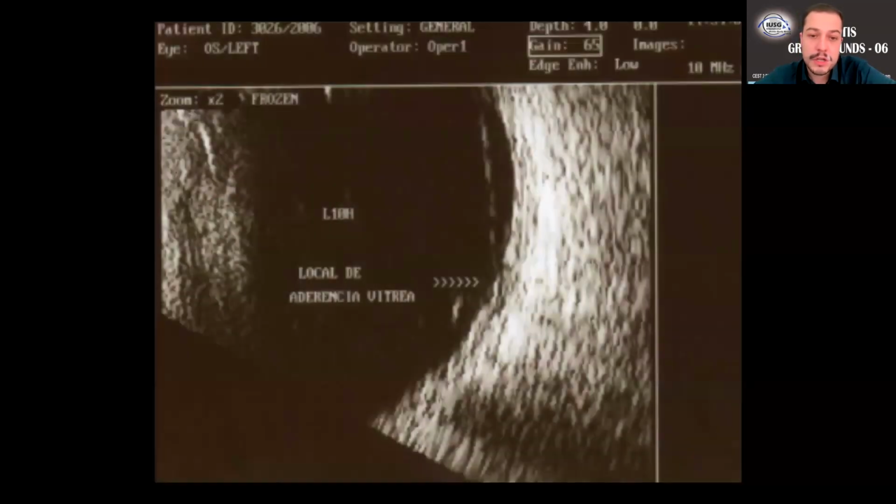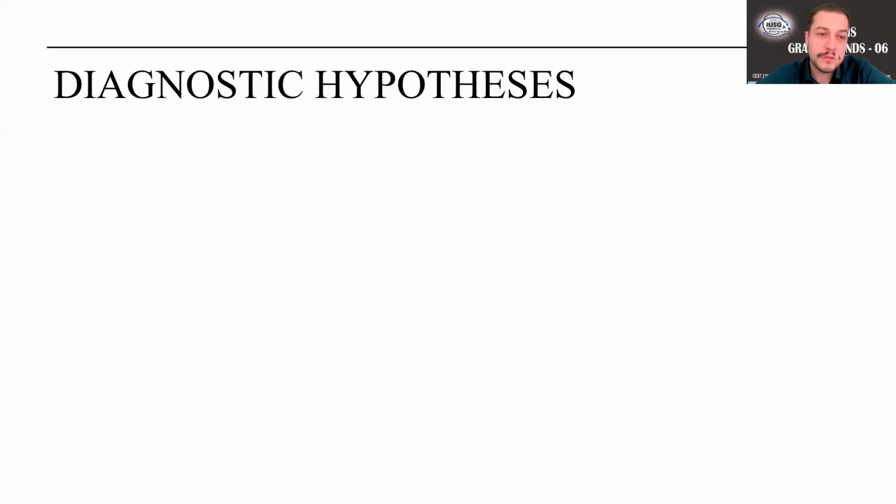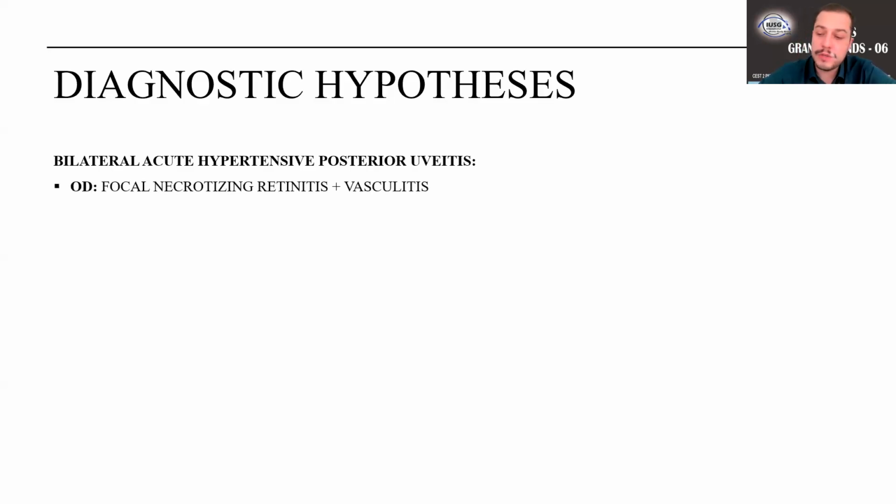The fundus exam of the left eye was impossible, but we can see here this alteration of the echogenicity of the wall and the vitreous adhesion, which suggested a focus of posterior uveitis as well. So for diagnostic hypothesis, we have a bilateral acute hypertensive posterior uveitis. In the right eye, we can see a focal necrotizing retinitis and vasculitis. In the left eye, the fundoscopy was impossible.